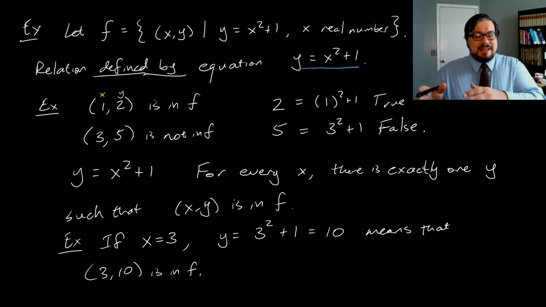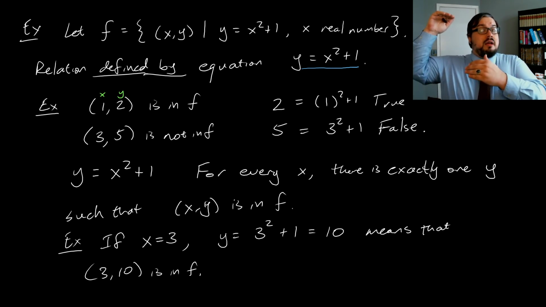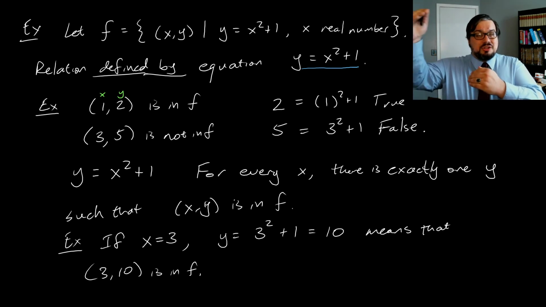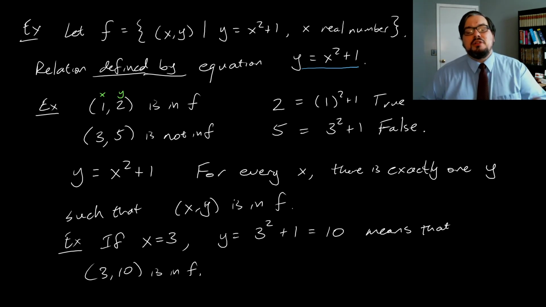And the relation of a person to their biological mother is going to be a function because each person has only one biological mother, and so forth and so on. There are lots of examples in real life and in mathematics where functions, that is relations where each input has only one output, are completely vital to understanding what's going on.